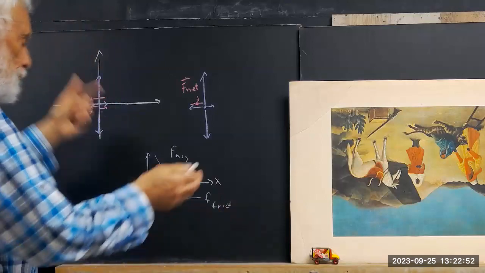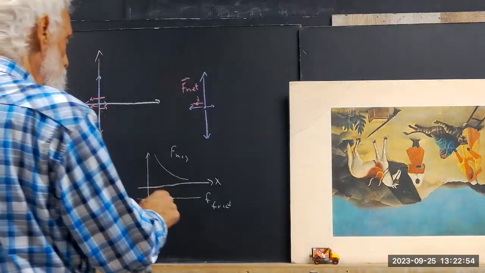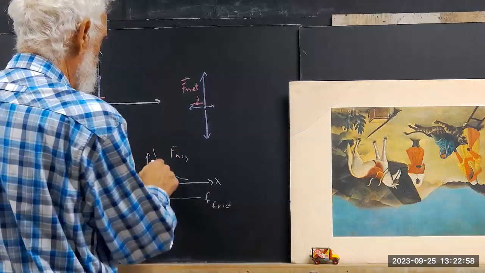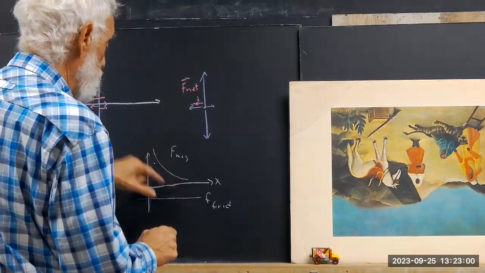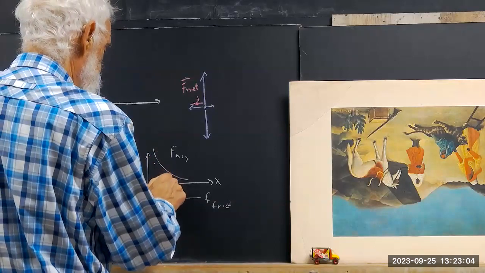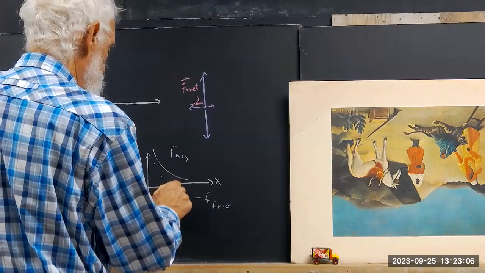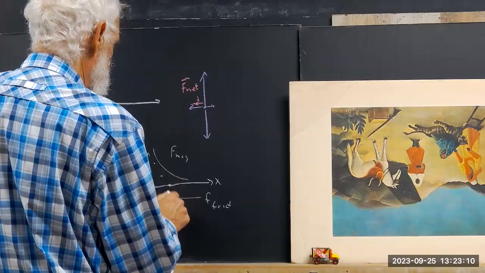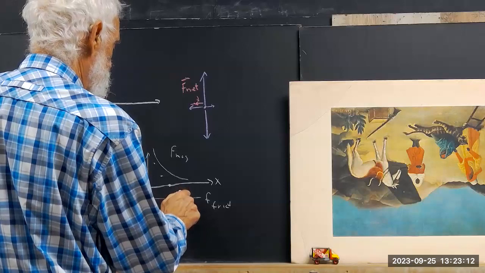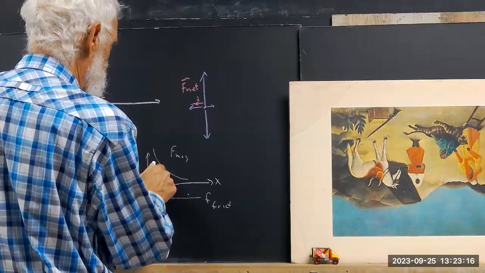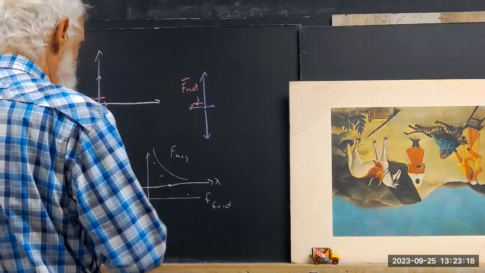And this is supposed to be horizontal. Still, your net force is going to be this much lower at every point than this force. So you come down this far here, you come down the same distance here, you come down here, and so you get out to about here. And then the force starts going negative by the time you get down here, pretty close to this. So here's your net force.